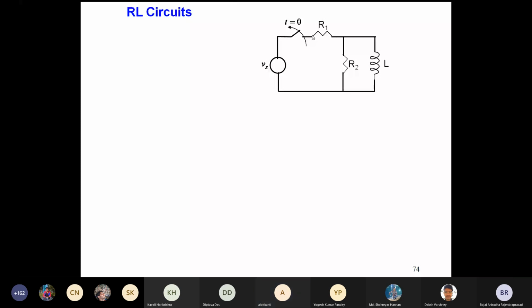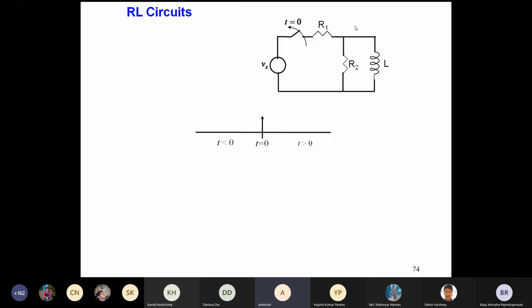So there are two situations. One, t less than 0, it will be one type of circuit. In t greater than 0, it will be another type of circuit. And the transition is taking place at t equal to 0. If you divide the time axis, you are at t equal to 0 here. There is a situation when t is less than 0, then there is a situation where t is greater than 0. What are the situations?